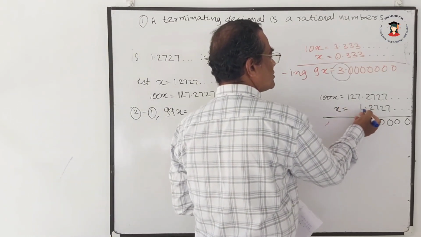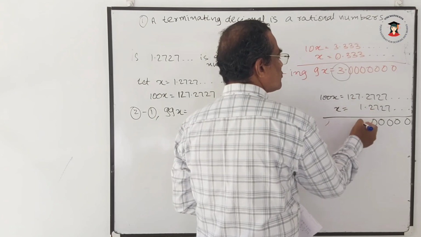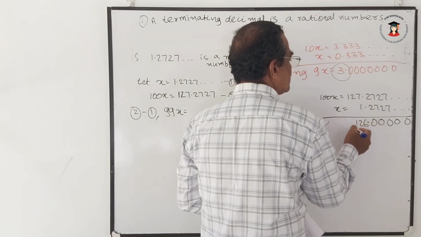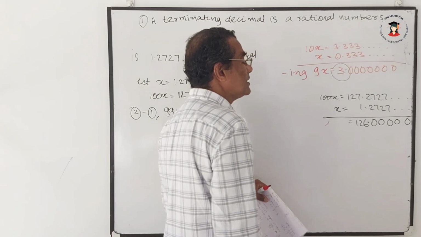And here, before this decimal, 127 minus 1 is 126. And here, 100x minus x is 99x.